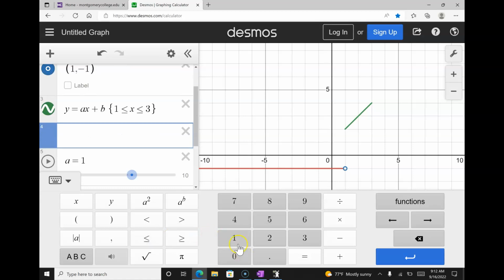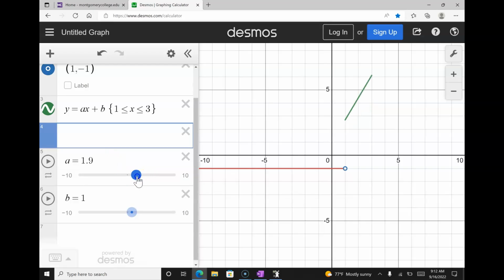And you see here, before I even mess with anything, I can change the slope, and it looks like I definitely have to change the b value to get that thing down there to match up, right? Is that making sense?